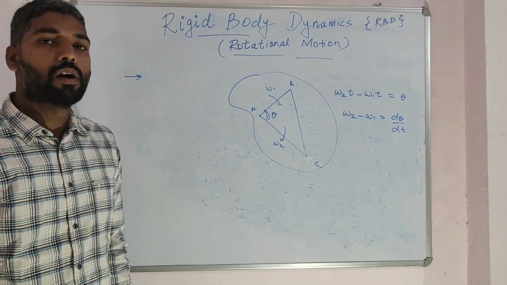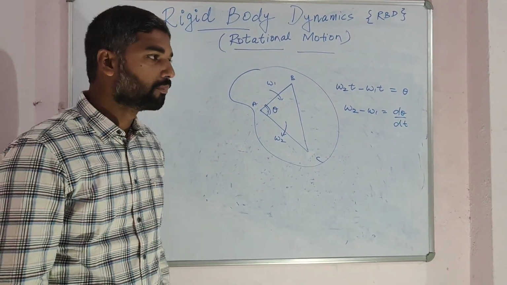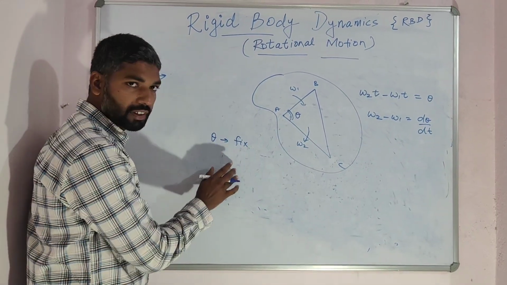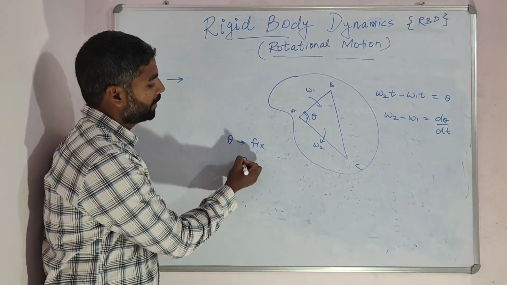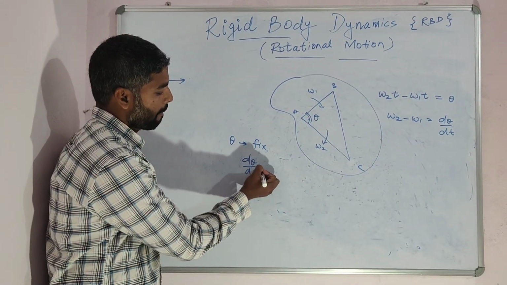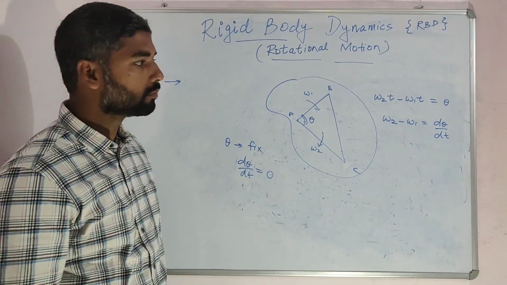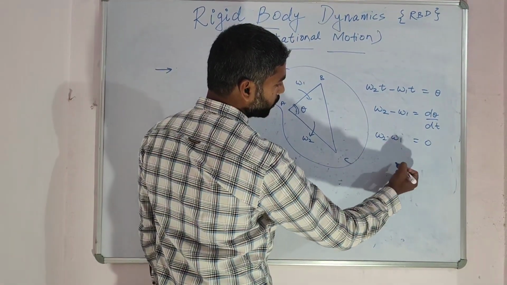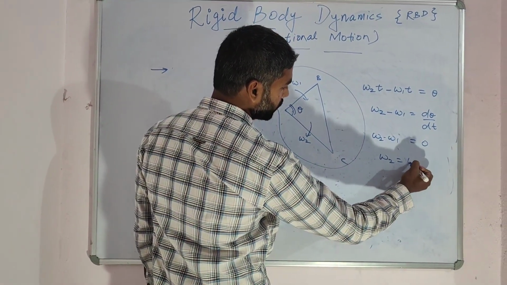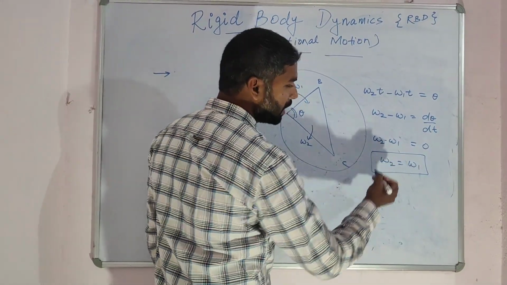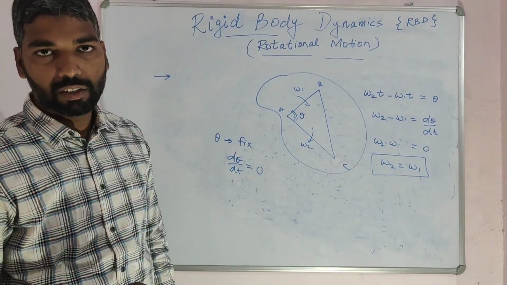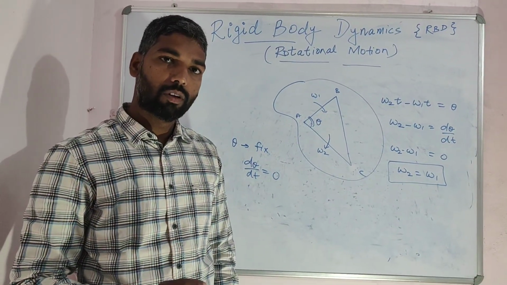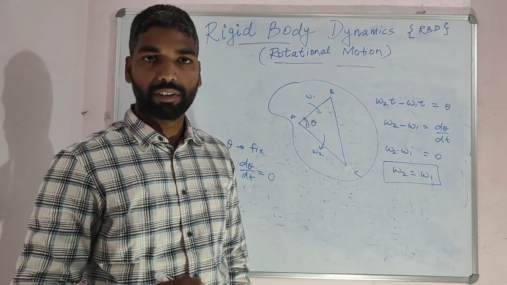But since it is a rigid body, theta is fixed. If theta is constant, d theta by dt is 0. So finally we have omega 2 is equal to omega 1. Similarly, at any given instant of time, the angular acceleration of a rigid body will be the same for all the points.